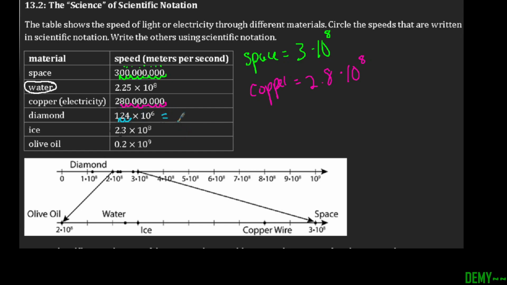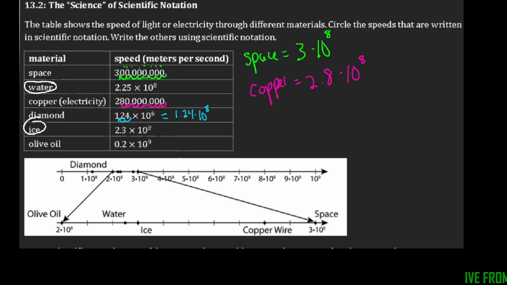This could be the same as 1.24 times 10 to the power of 8 now. So make sure you change the exponent as well. Ice is good because that one's already in scientific notation. Notice how it's 2.3, so that one number is in between 1 and 10.